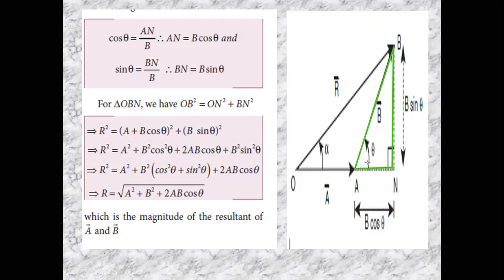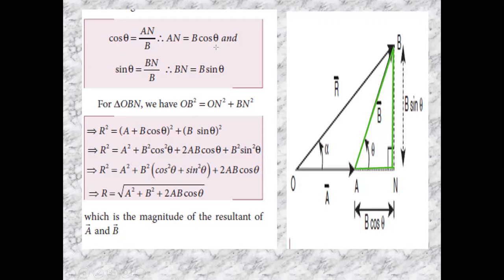Cos theta is adjacent side by hypotenuse. The adjacent side is AN, and the hypotenuse is AB. AB is nothing but the B vector, so I can write it as B. By cross multiplying, AN is equal to B cos theta.